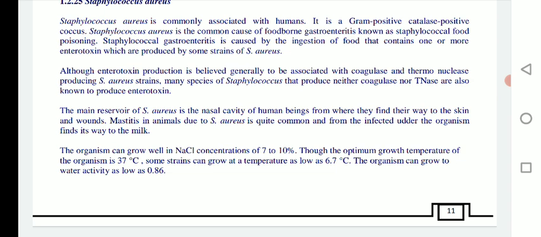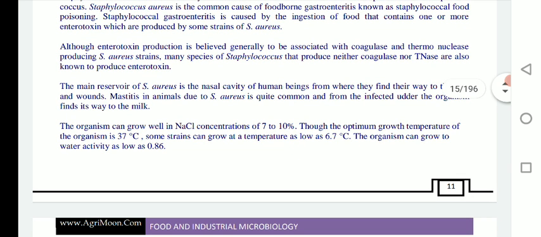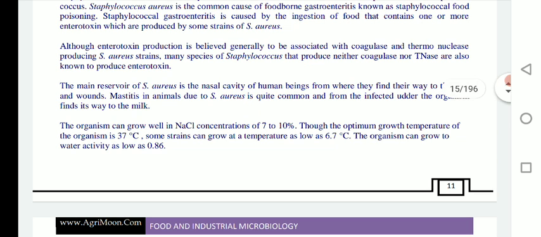This organism can grow well in NaCl. This is another peculiar thing: it can tolerate high salt concentrations up to 7 to 10%, though the optimum growth temperature for this organism is 37 degrees Celsius. That's why it is a normal member of the normal flora of your body and is commonly found in our body.